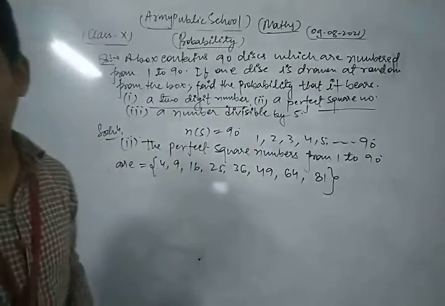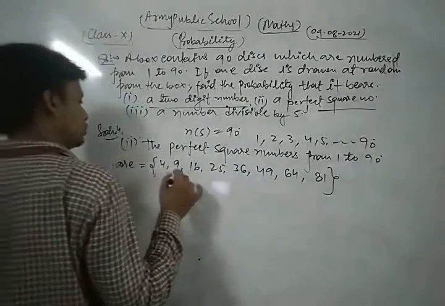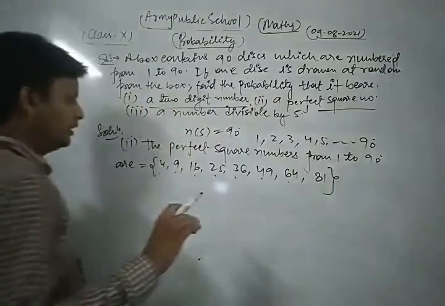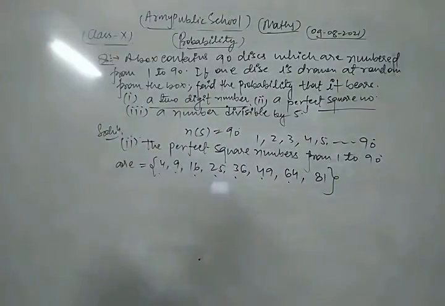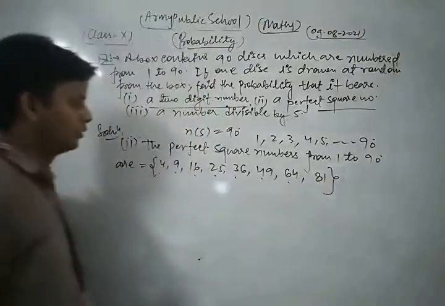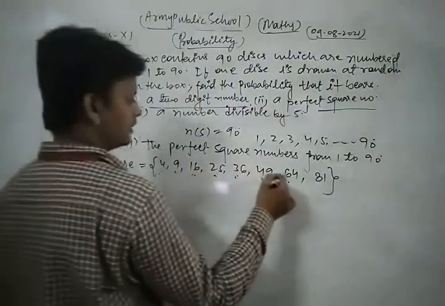So how many numbers are there? 1, 2, 3, 4, 5, 6, 7, 8.